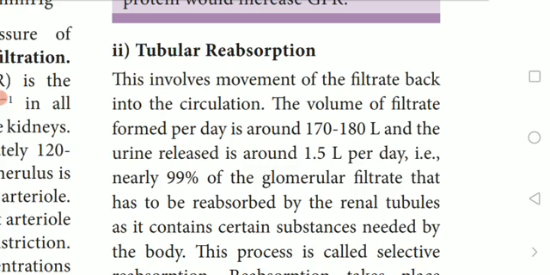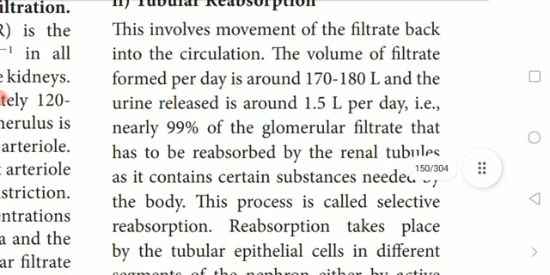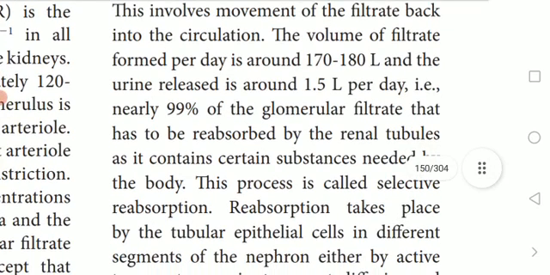How much blood is filtered in the glomerulus in 1 minute, 60 seconds, that we call the glomerular filtration rate. It is approximately 120 to 125 milliliters of blood filtered per minute.